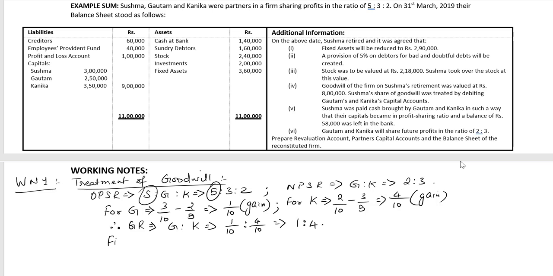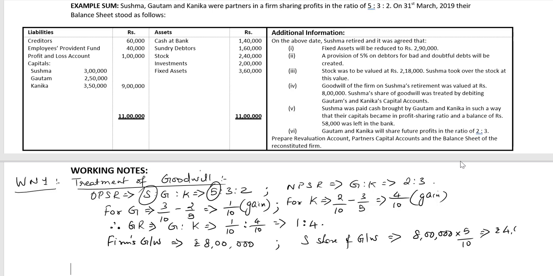The firm's goodwill, it's specified in point 4 that it is rupees 8 lakh. Hence, Sushma's share of goodwill will be the firm's goodwill, which is 8 lakh rupees, multiplied by Sushma's share in profits, which is 5 by 10, and this comes up to rupees 4 lakh.